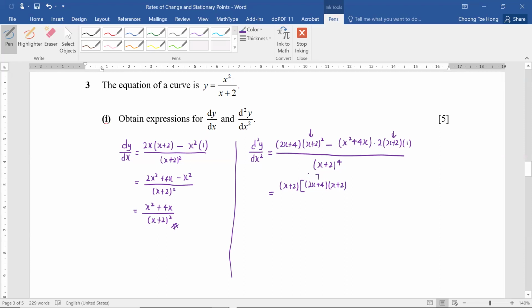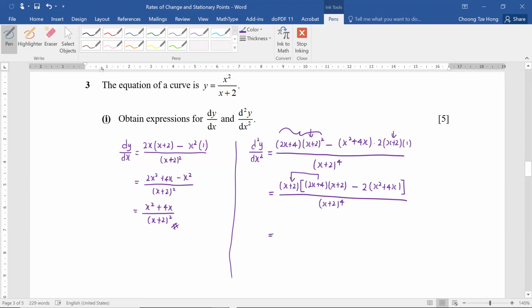You must always check, you multiply back this one. Do you get back the terms over here or not? Okay, minus. We've taken out the x plus 2, so left with a 2 and x squared plus 4x. Then (x plus 2) to the power of 4.